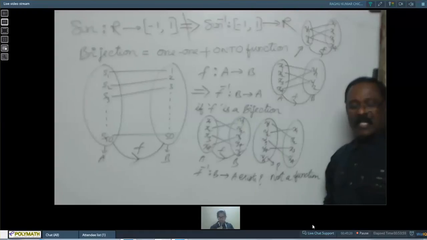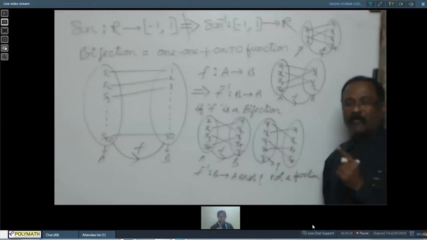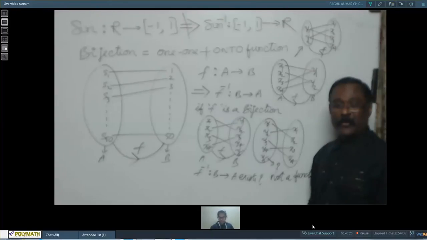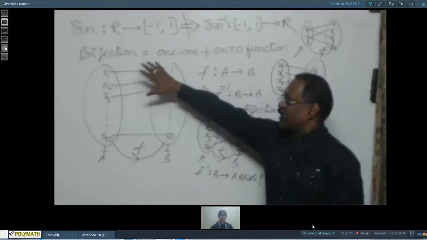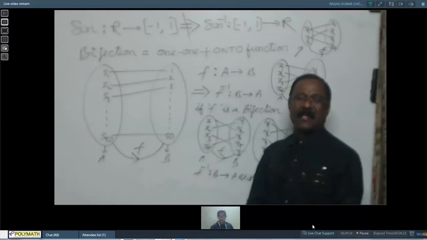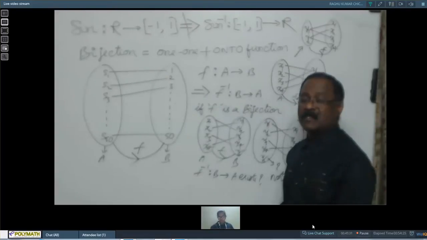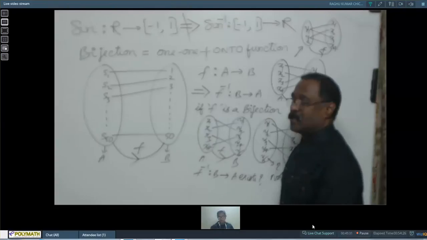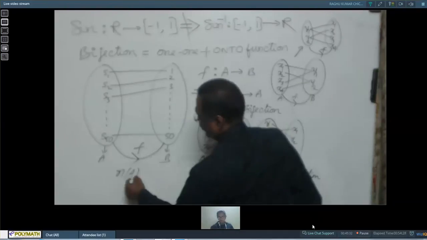Then, to have an inverse, what should happen? It should be both 1-1 and onto, which is a bijection. You have to understand, in this case, the number of elements in set A is equal to the number of elements in set B. Remember that.